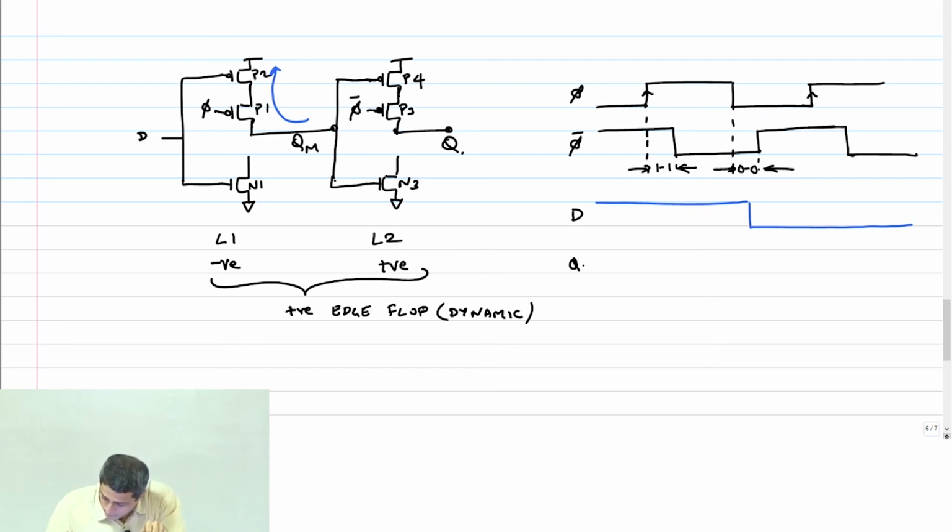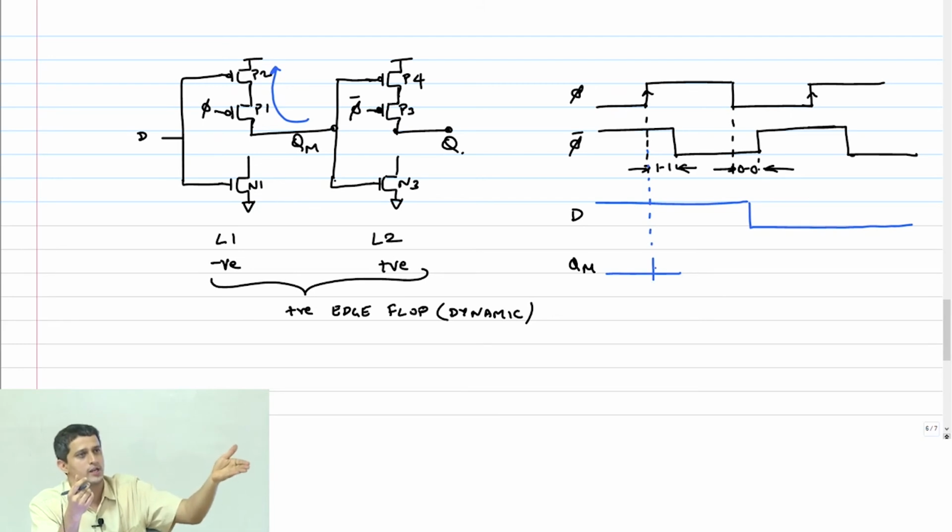Let's plot that. QM was initially what? 0, right? At this edge, it's going to sample 0 because D is 1, and QM is an inverted value of D. Therefore, it will be 0 here.